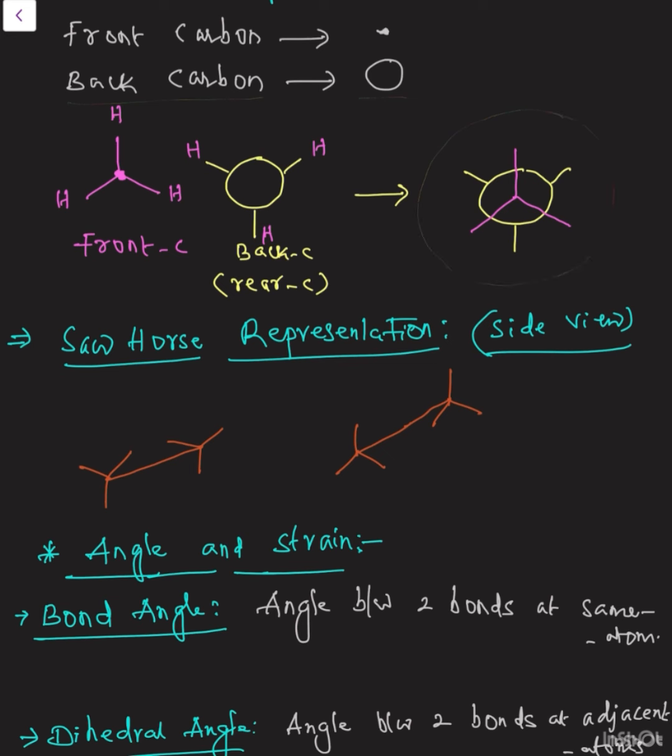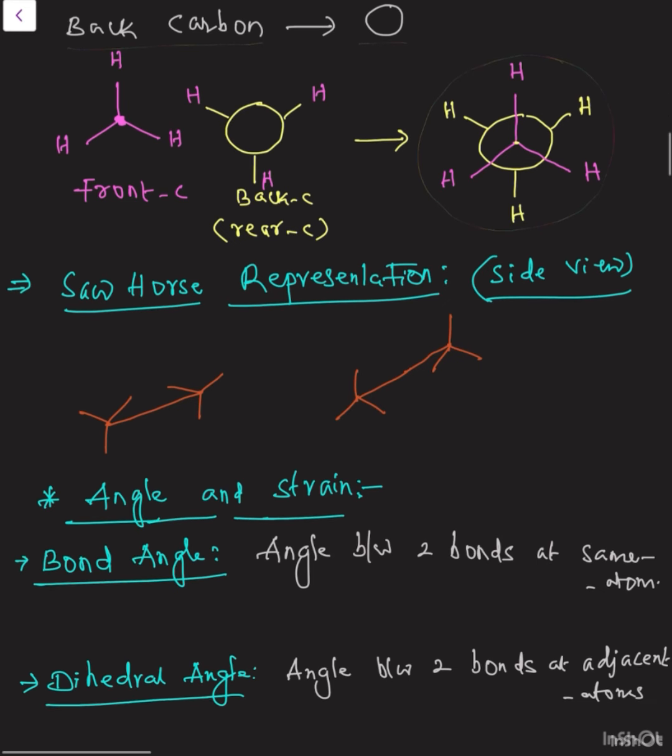Here, hydrogen, hydrogen, hydrogen. And coming to this, here also hydrogen, hydrogen and hydrogen. So here pink represents the front carbon, whereas yellow color represents the back carbon, on which 3 hydrogens are present.